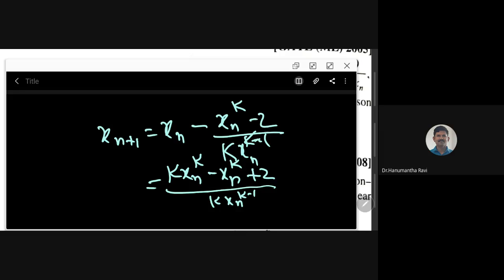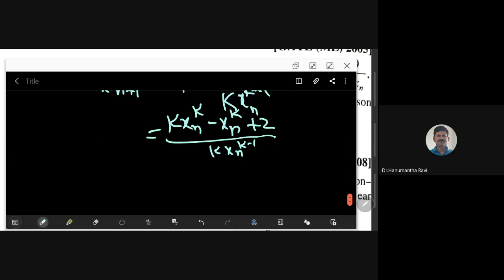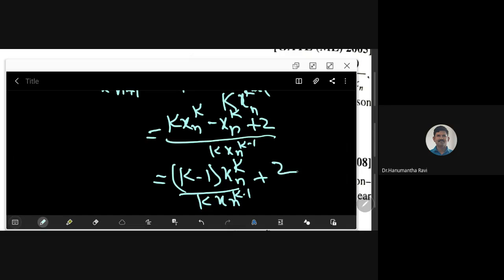So this further upon simplification, why I am doing this, I'll tell. (k minus 1) xn power k by k xn power k minus 1, plus 2 by k xn power k minus 1.